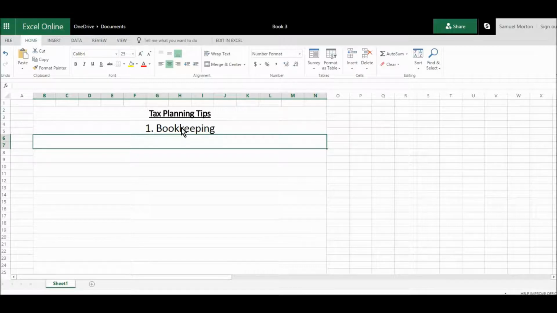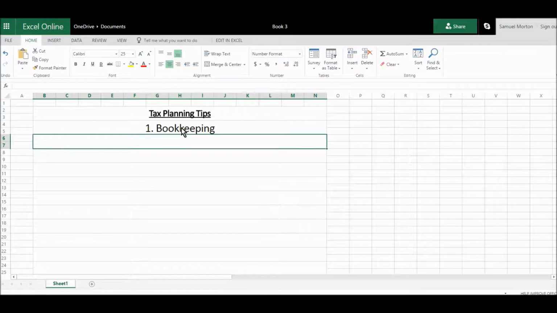And from that, you'll be able to get some sort of estimated figure of what your tax liability is going to be. It's a lot easier to plan for your tax payment if you know roughly how much that tax payment is going to be.